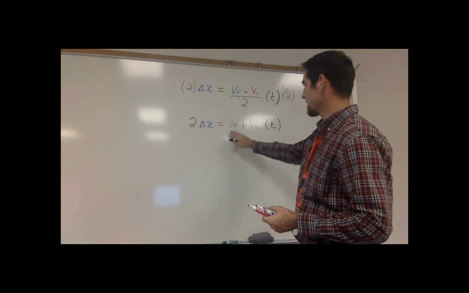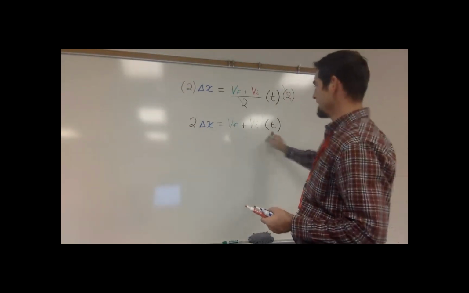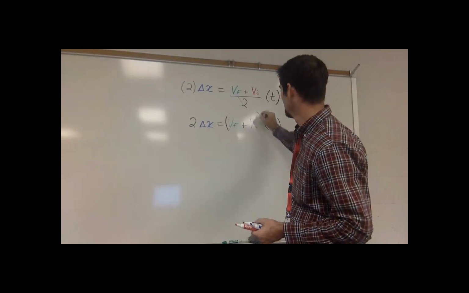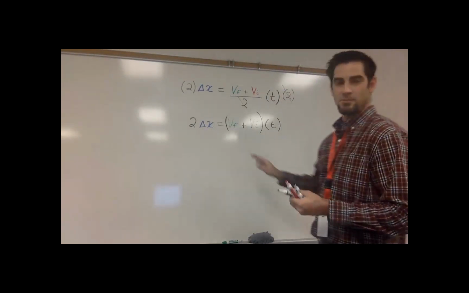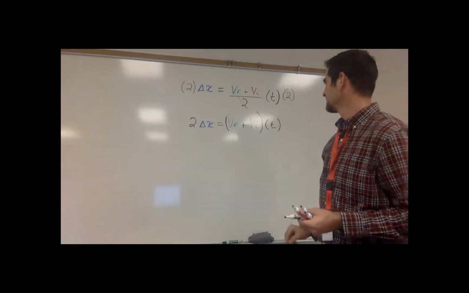So remember your order of operations. You can't just multiply the VI times the T. The T has to distribute to both of these. But we're not worried about that.